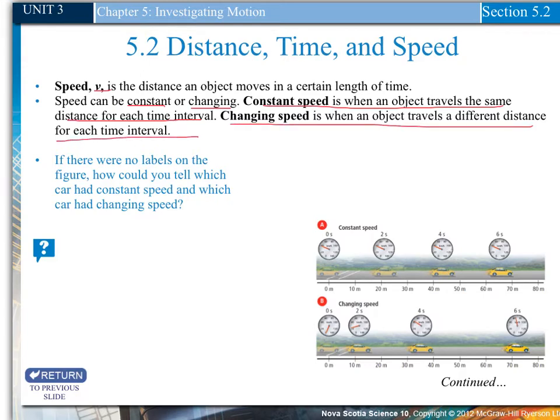If there were no labels on the figure, how could you tell which car had constant speed and which car had changing speed? Think about it.